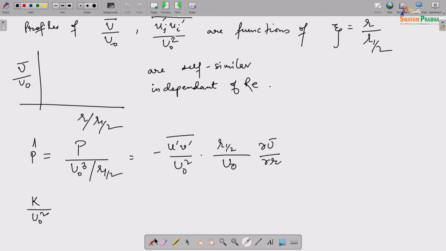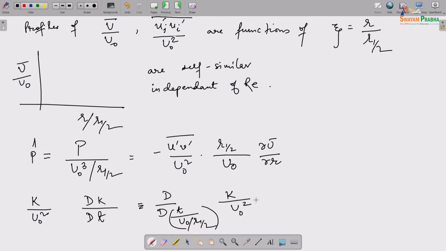So now T of course will scale by u naught by r half, isn't it? So this one, if I scale, T can be scaled by u naught by r half, and K itself I'm going to scale by u naught square.